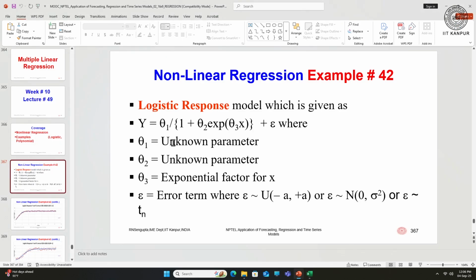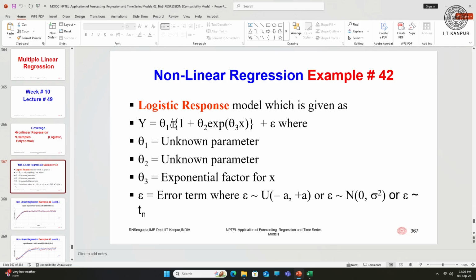In the graph, y is equal to theta 1 in the numerator, divided by 1 plus theta 2 exponential theta 3 x, plus epsilon obviously. Theta 1 and theta 2 are the unknown parameters and theta 3 is the exponential factor for x.